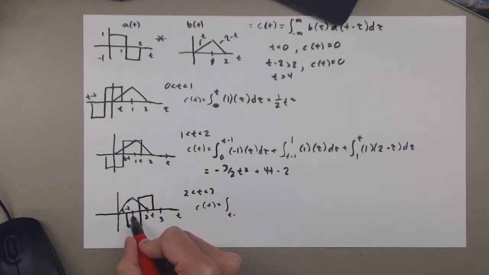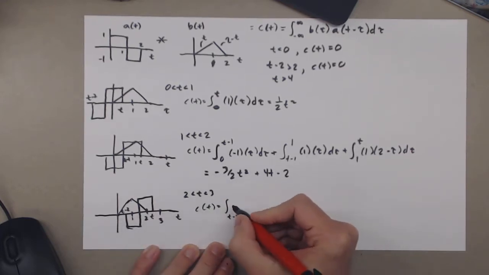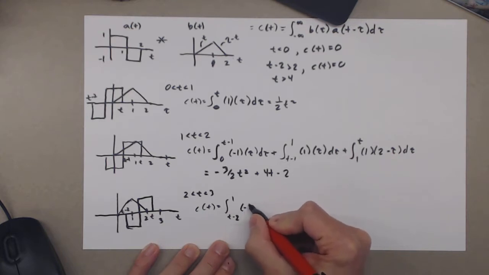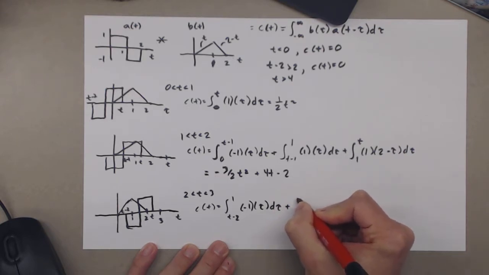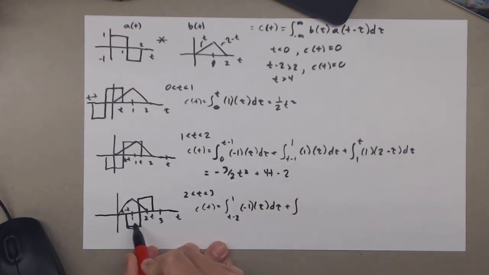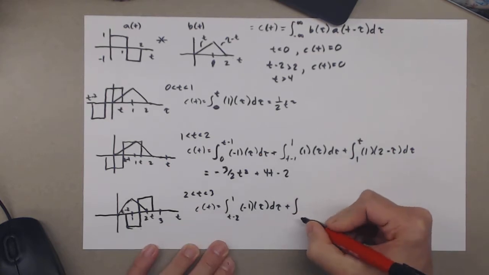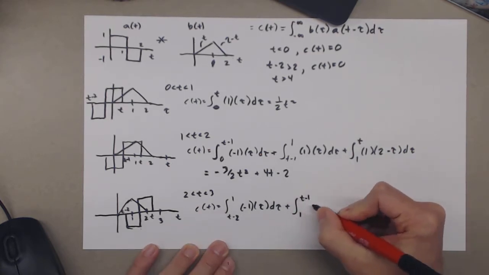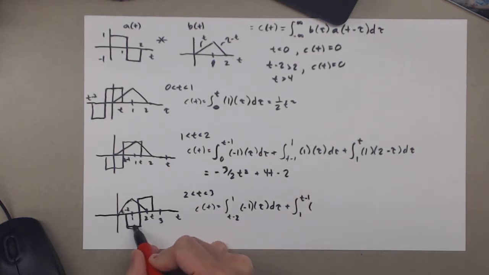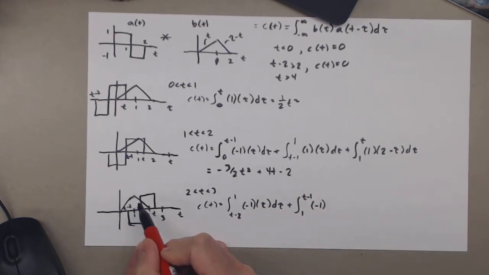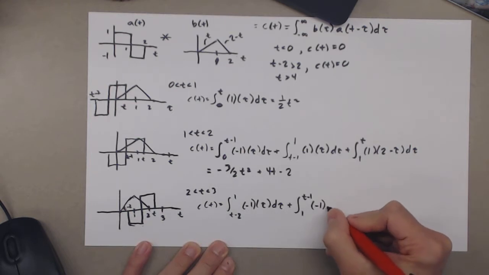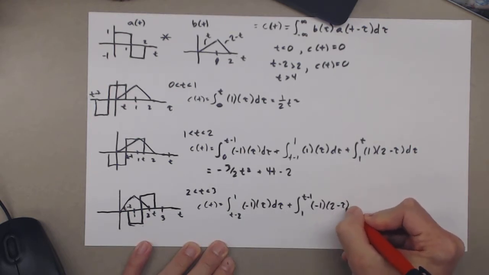From t minus 2 to 1, A of t minus tau has a value of minus 1, B of tau has a value of tau. From 1 to t minus 1, A of t minus tau has a value of minus 1. B of tau now has a value of 2 minus tau.